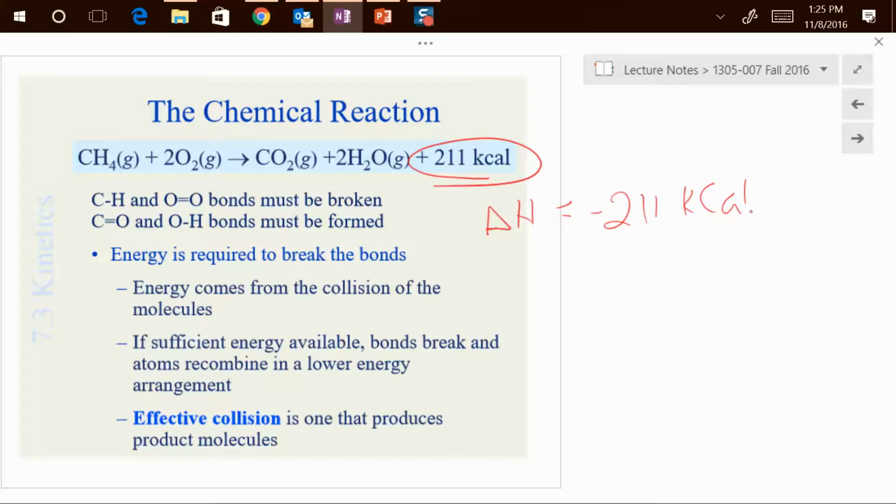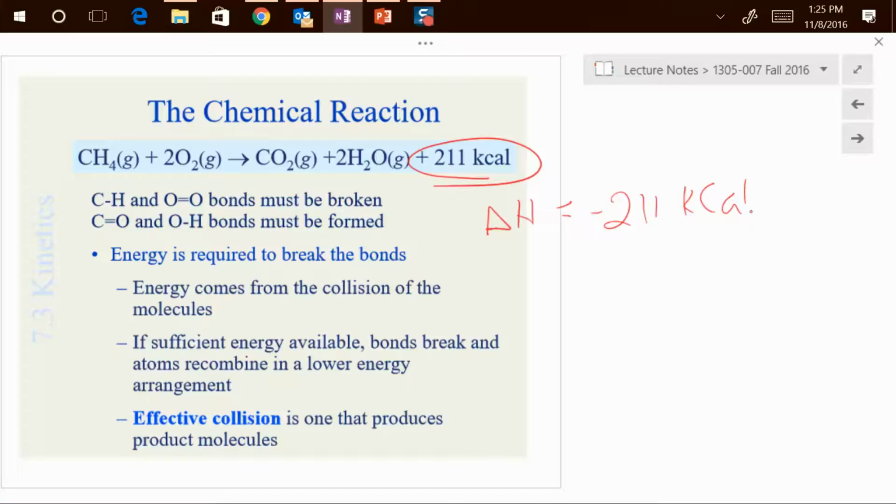Because you might have a molecule that comes and hits, maybe it would have had enough energy if it had collided in the correct way, but if it collides like this, it won't do it. If it collides like this, that's the correct orientation, the correct way, it's going to react, and it's going to go forward. That's what we mean by an effective collision.